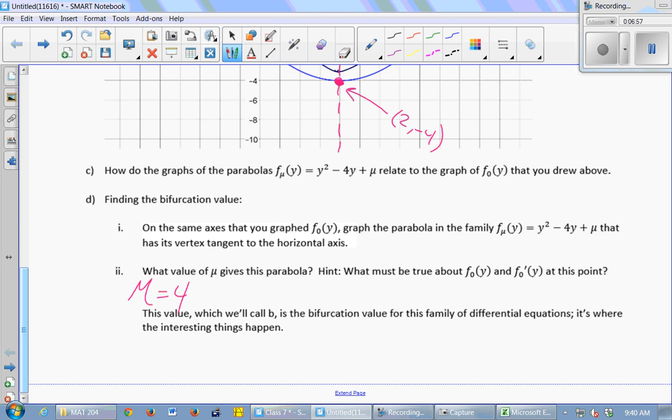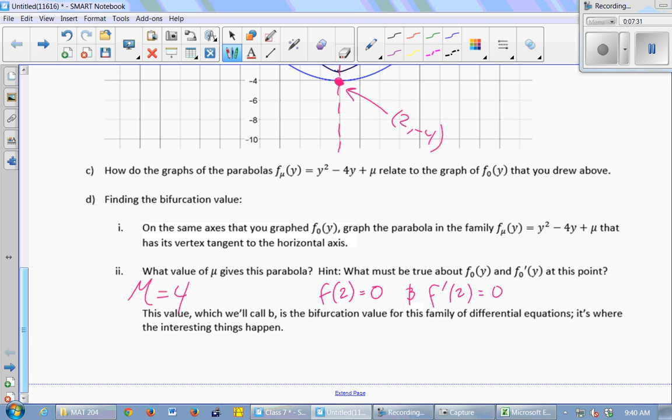It is also true that the function value and the derivative value both have to be 0 at the point x = 2. So f(2) has to equal 0 because I want to be on the x-axis, and f'(2) has to equal 0 because it needs to be the minimum that's on the x-axis.